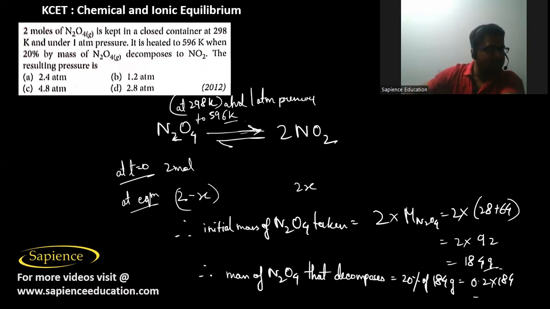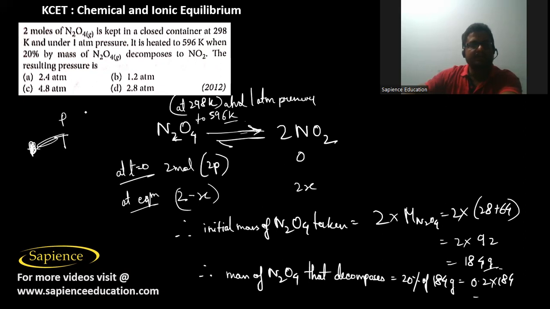Now here, if the initial pressure was 2P and initially no moles of NO2 was found, then since the temperature has increased to twice the initial value, the pressure is proportional to T. Since it is kept in a closed container, the volume will be kept constant.